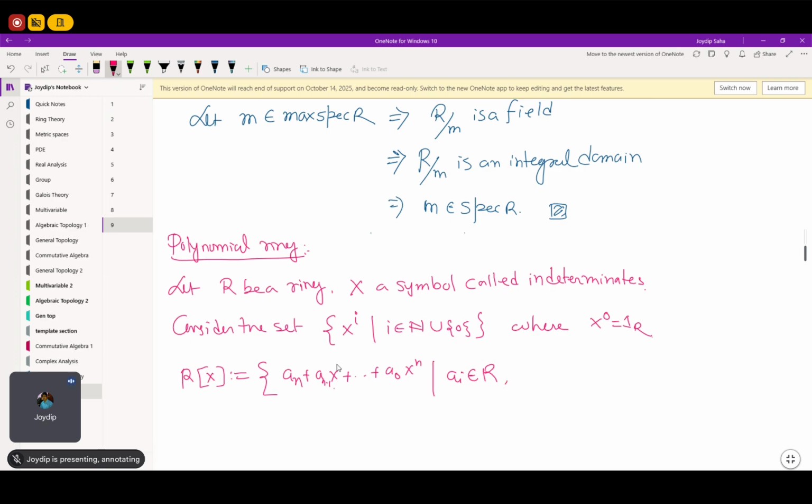These are just formal sums, just symbols, for 0 less than or equal to i less than or equal to n, and n varies over the natural numbers.